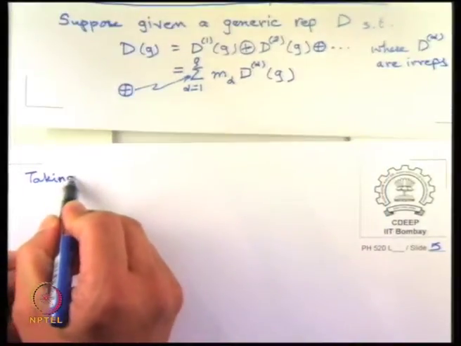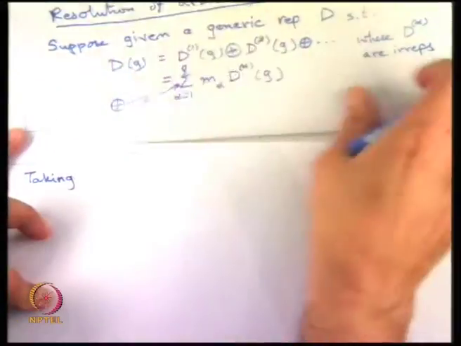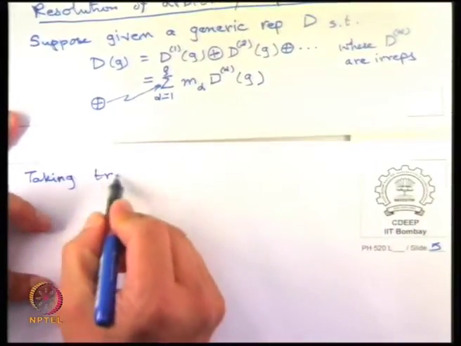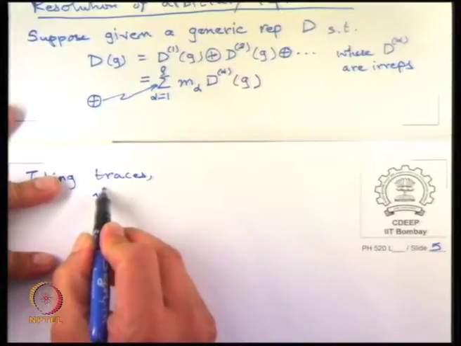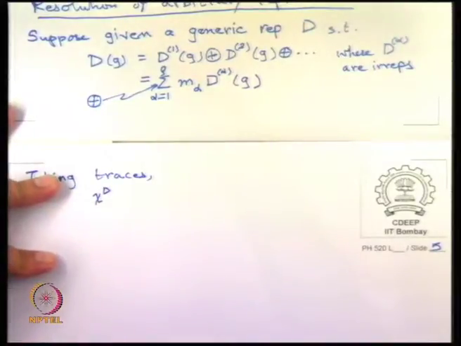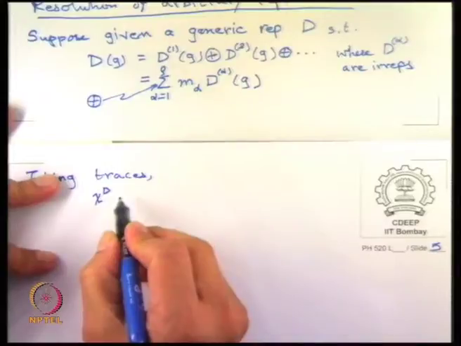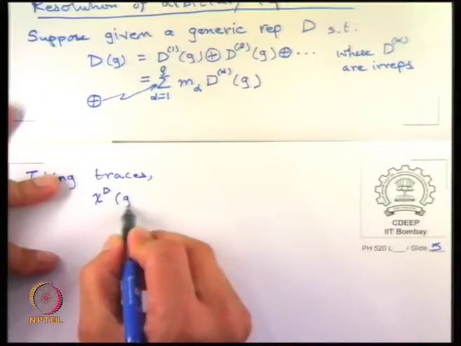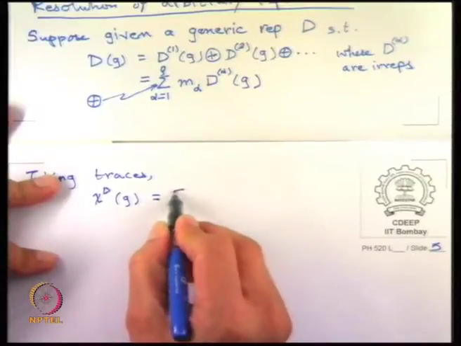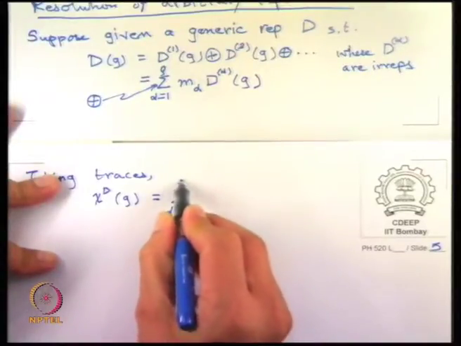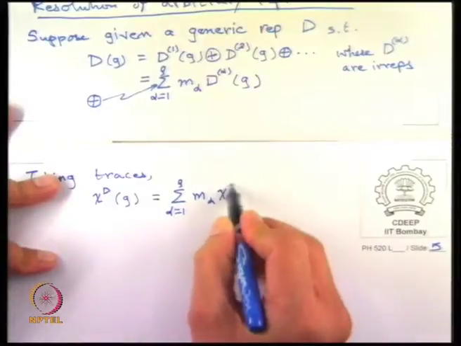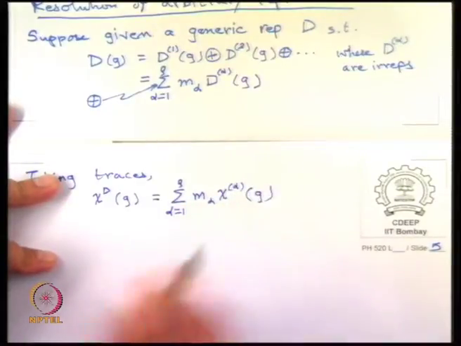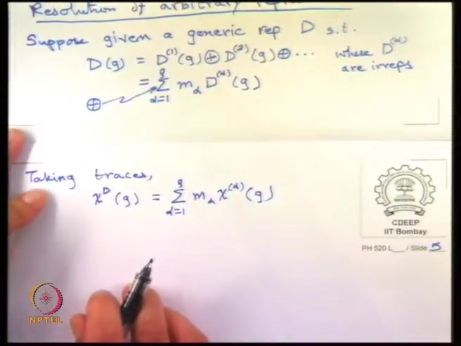So taking traces on both sides, we write this relation as chi, and we put a D to say that it's some generic rep, it's not labeled by the index alpha. So for any element G this is going to be summation over alpha equal to 1 to rho of m alpha times the character in representation alpha of the element G. Okay.